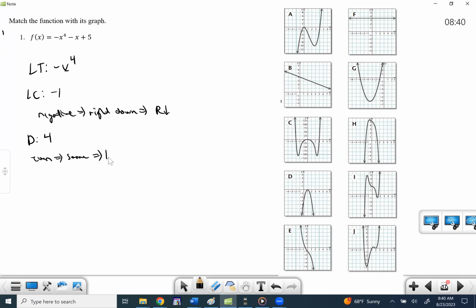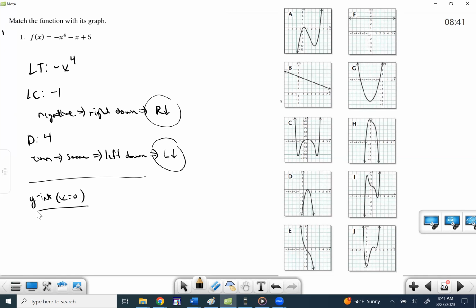So the left will also go down. And something else that I kind of eyeball is the last number, the y-intercept. Because remember, to find y-intercepts, you let x be 0, right? Well, if we substituted zeros in for all of these x's, the only thing that would survive would be the 5. So I'm looking for something that goes through 0, 5 also, okay?